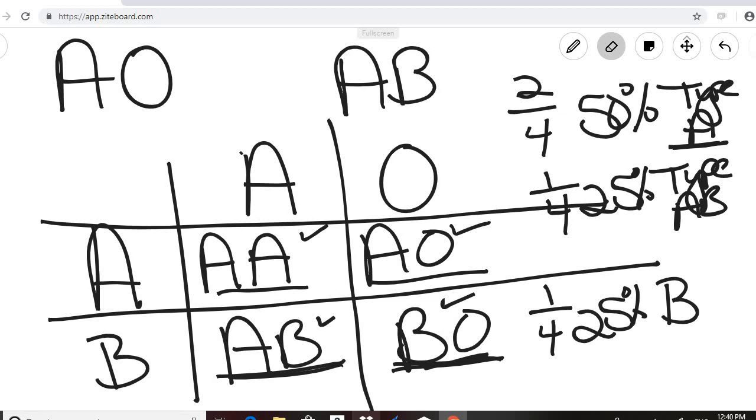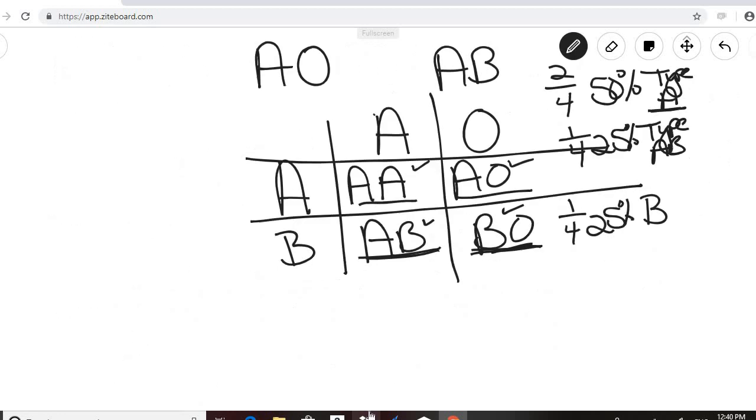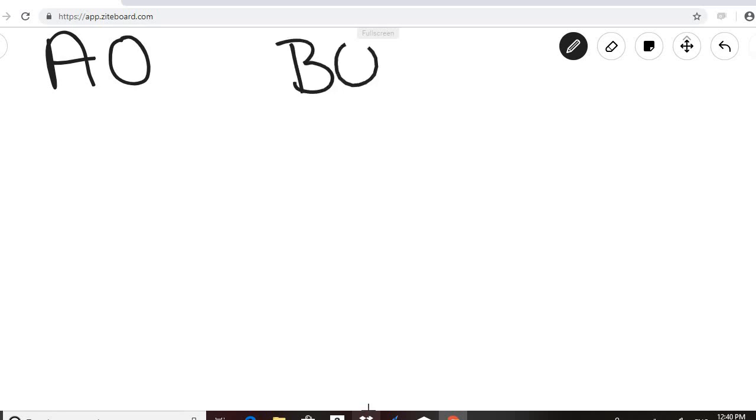Okay, let's do another one of those. What if a couple has this, one of the pair has that genotype and the other has this genotype, what would the offspring look like?